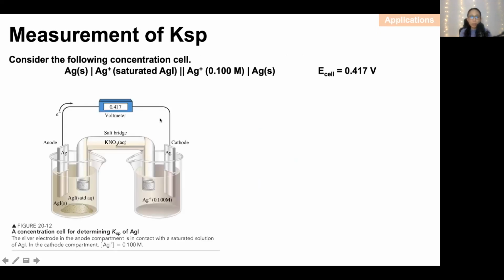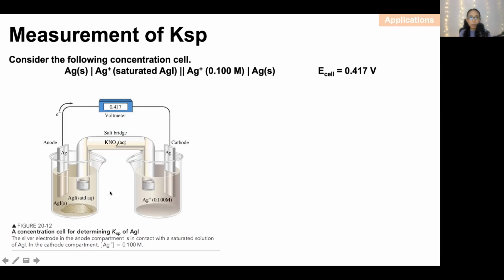Another important application of these voltaic cells is the measurement of your Ksp. So you learned about Ksp a few weeks ago. So this is your solubility product constant for your slightly soluble salts. So typically, ang setup niya is you have one electrode in which you have a saturated solution of your slightly soluble salt.